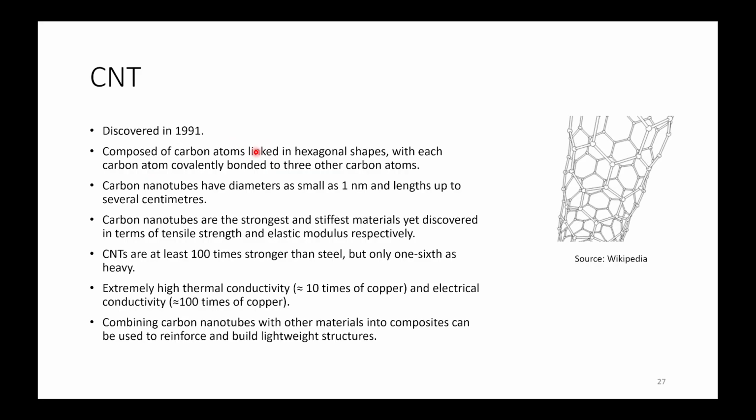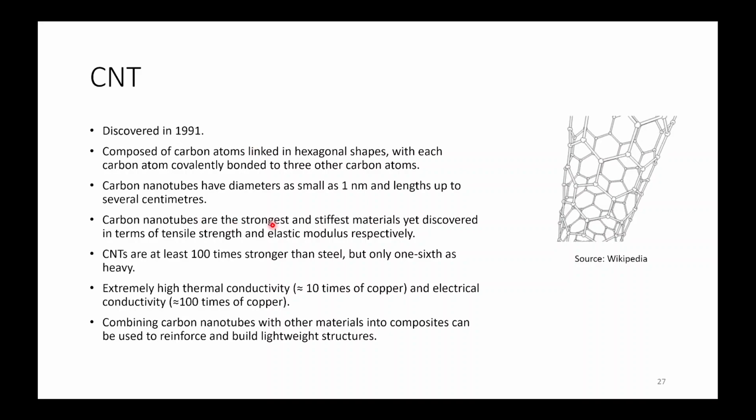Carbon nanotubes have diameters as small as 1 nanometer and lengths up to several centimeters. These carbon nanotubes are the strongest and stiffest materials yet discovered in terms of tensile strength and elastic modulus respectively.